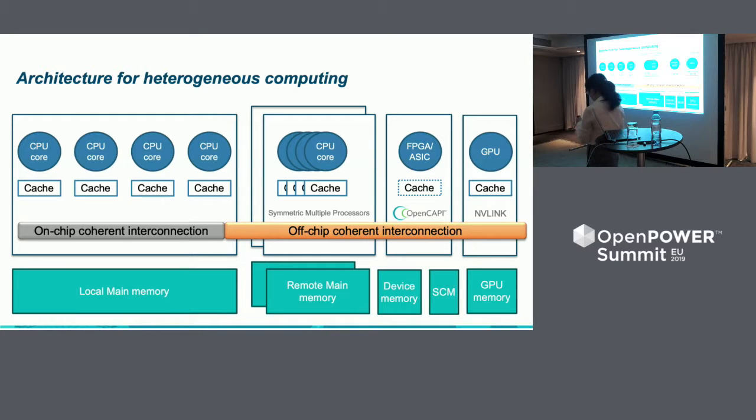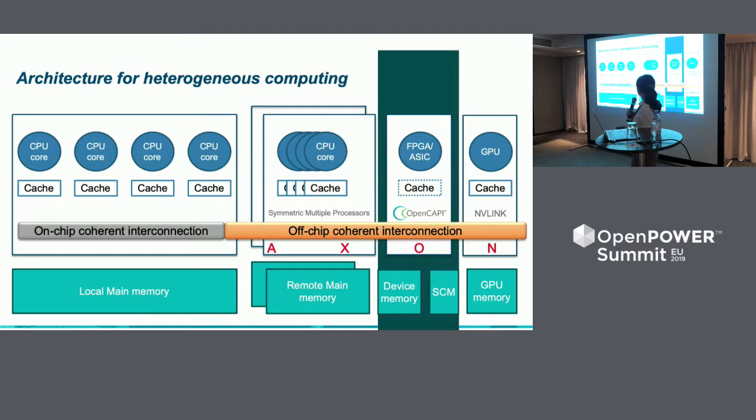So actually, I'd like to introduce AXON. Power AXON is the abbreviation for those interfaces. A means A bus, X means X bus, O means OpenCAPI, and N means NVLink.